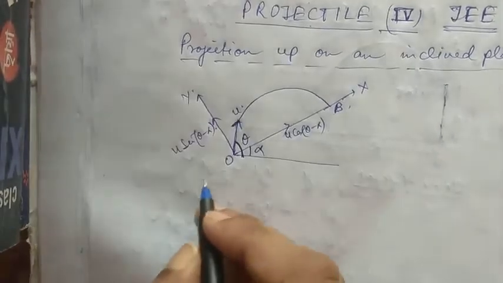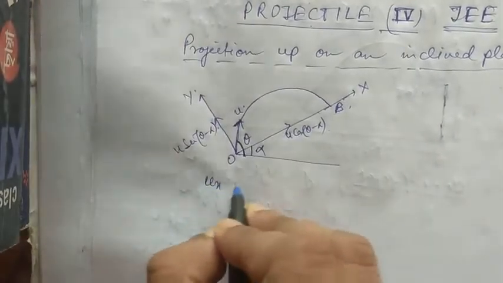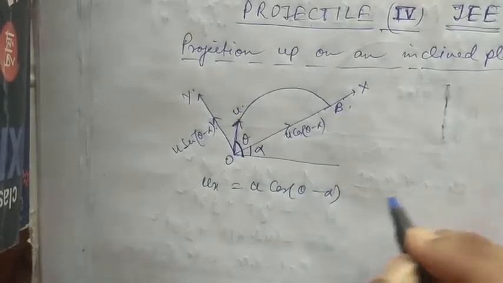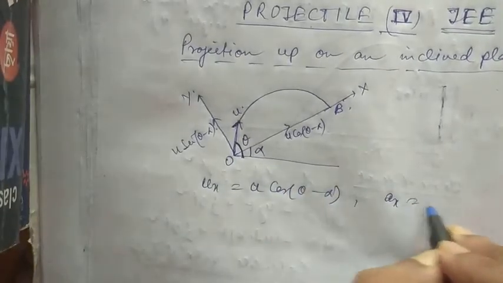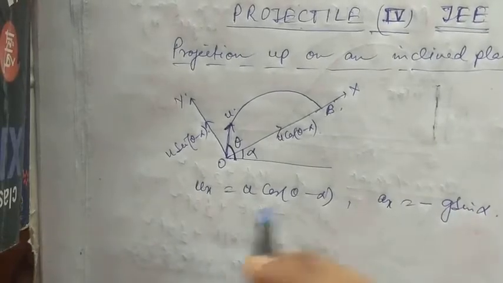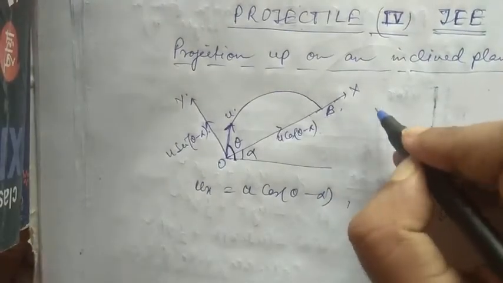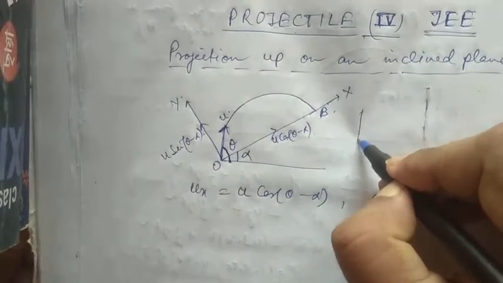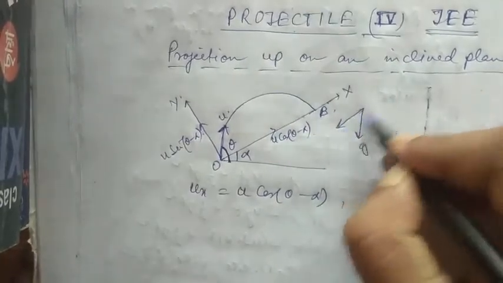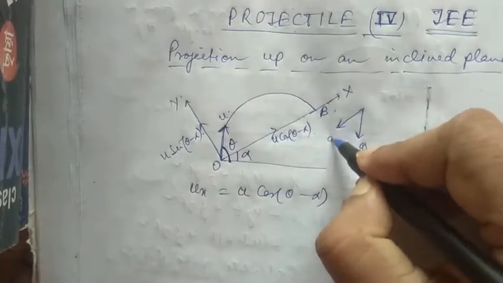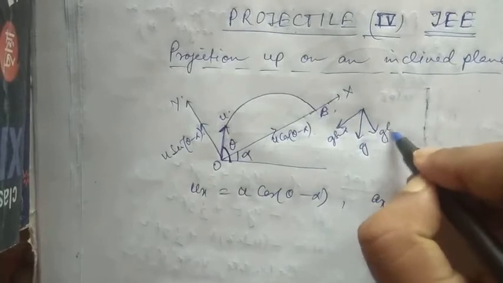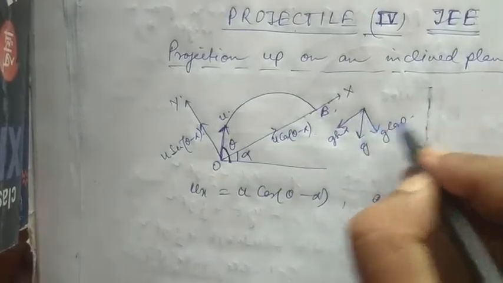Now we get ux is equal to u cos theta minus alpha and ax is equal to minus g sine alpha. Now if we try to draw the values of g, g acts in this direction, so the component of g along the inclined plane is g sine alpha and perpendicular to the inclined plane is g cos alpha.